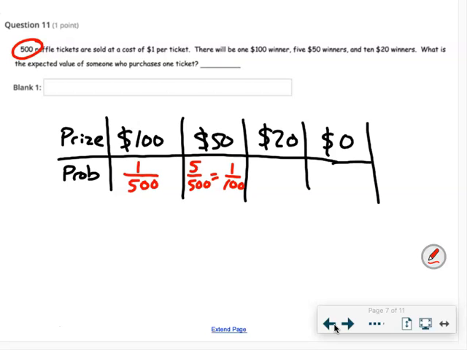There will be 10 $20 winners out of 500, which simplifies to 1 over 50. The rest of them is going to be a 0% chance. So there's 16 winners, which means there's 484 ways to lose. I'm not going to simplify that one because I'm going to multiply it by 0 in a second.